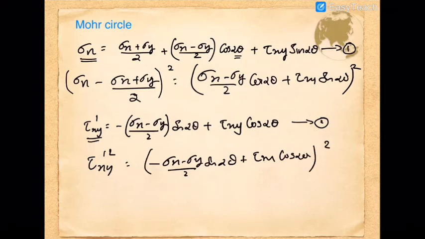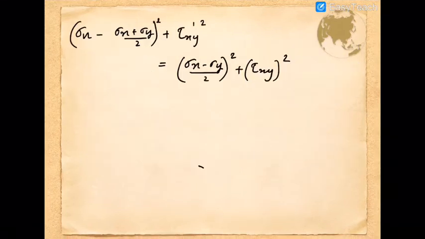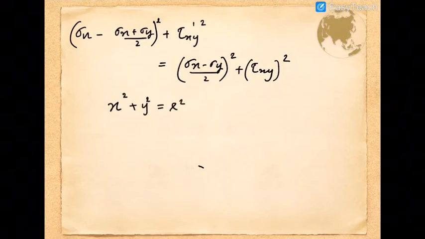If we take the squares, the cos square theta and sin square theta terms cancel. The rest of the terms will look like this. Our duty is to add equation B and equation A. Adding these two, we get an expression like this, which is similar to the circle equation x square plus y square equal to r square.